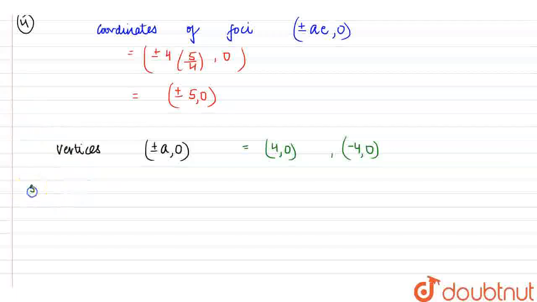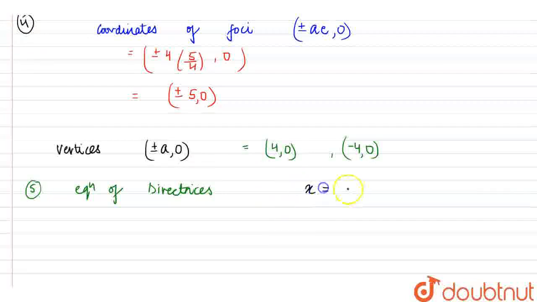Moving on, we need to find the equation of directrices. So equation of directrices will be, the formula is x equal to plus minus a upon e. So we know that the center is 1 comma 1. So this will be x minus 1 equal to plus minus, now putting the values, it will become a by e.